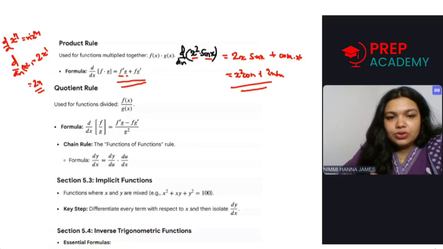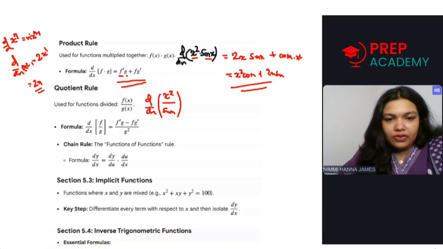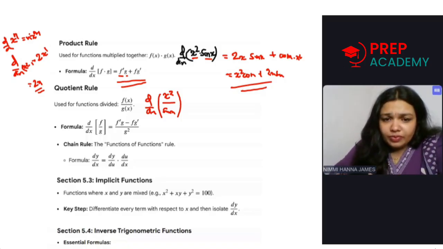So there also we can try the same question, x square by sine x. Let's see, d by dx of x square by sine x. These are two functions in the form of a division.